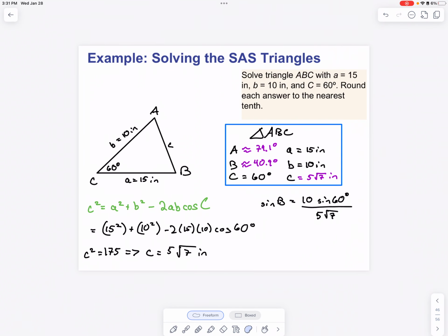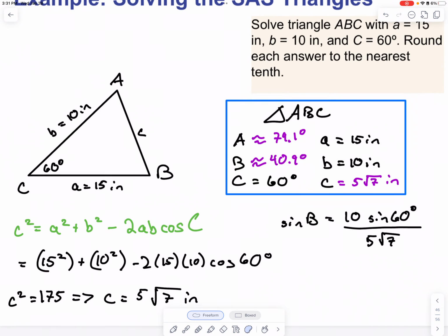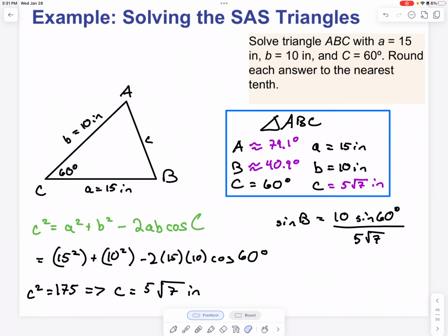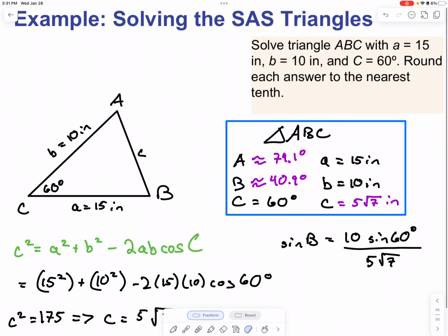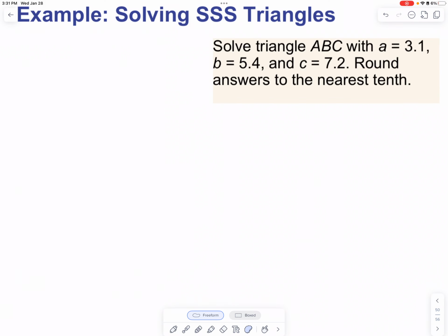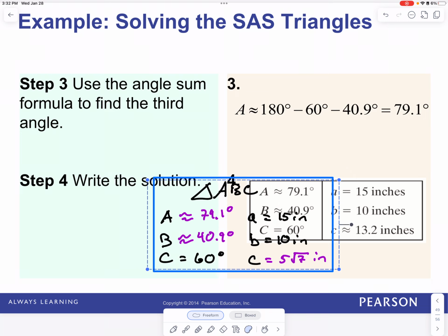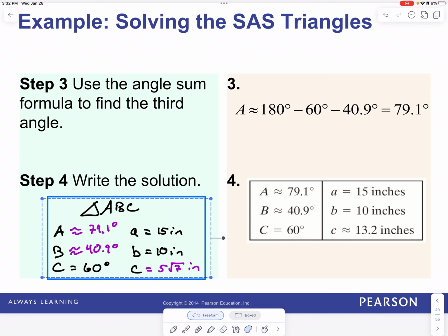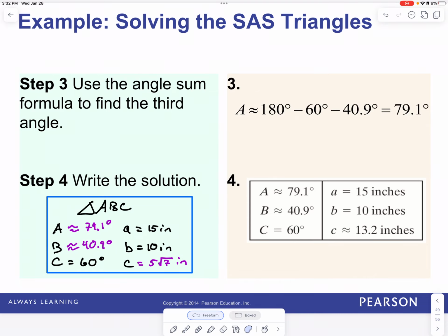And I just want to do a side-by-side comparison with my prepared notes. Just want to look at the final result. That is the result. Let's paste. Okay. 79.1 degrees, 40.9, 60, 15 inches, 10, and 5 times the root of 7 should be that.